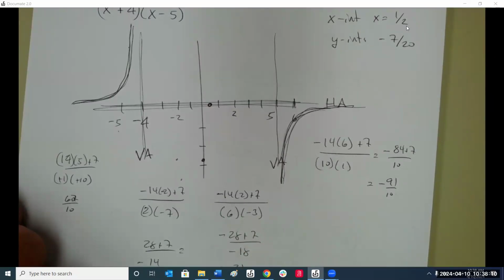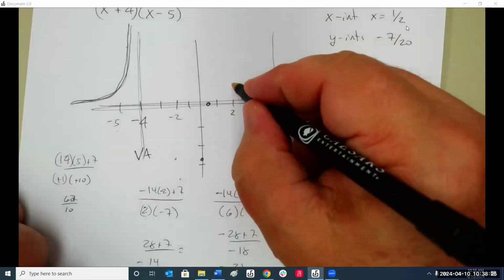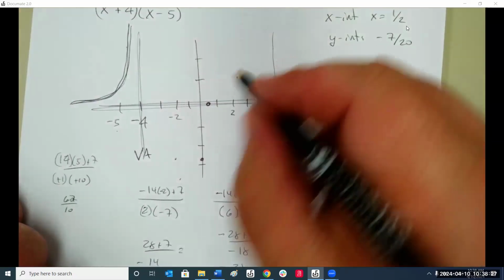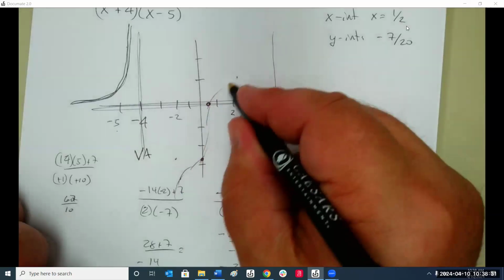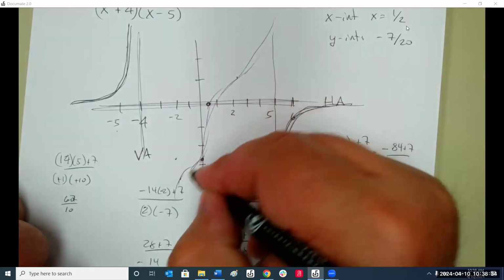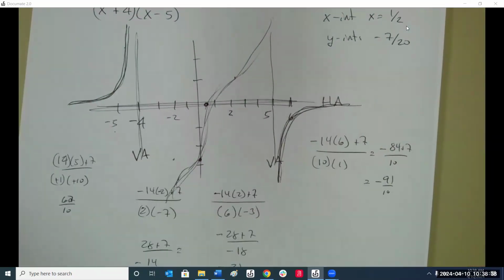Negative 21 over 18. Negative and negatives makes it a positive. 1 and 1/6. Something weird like that.